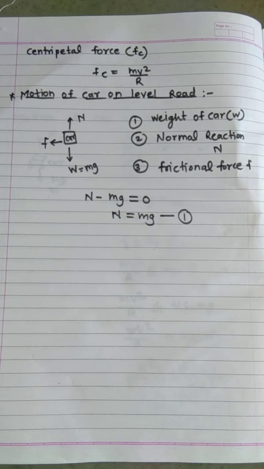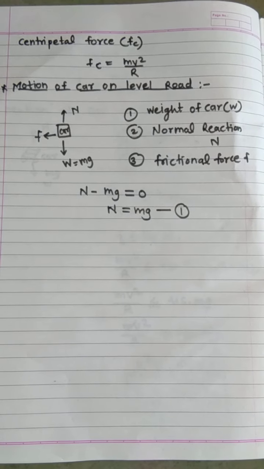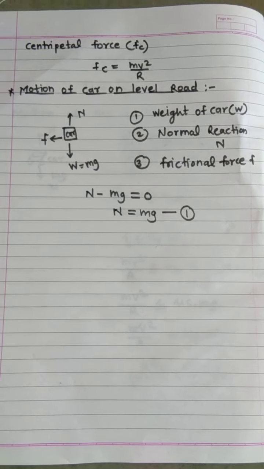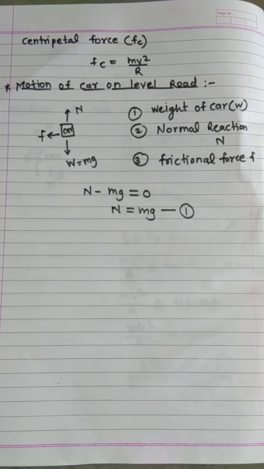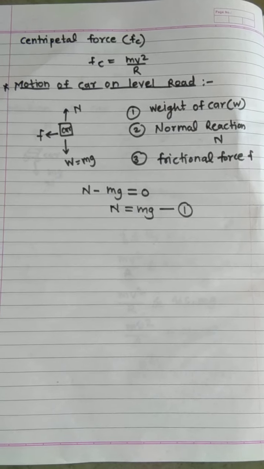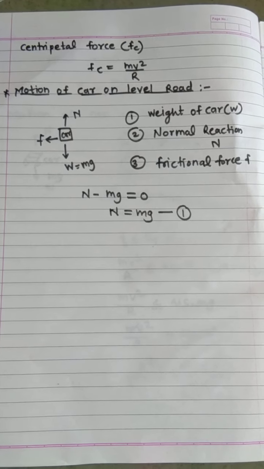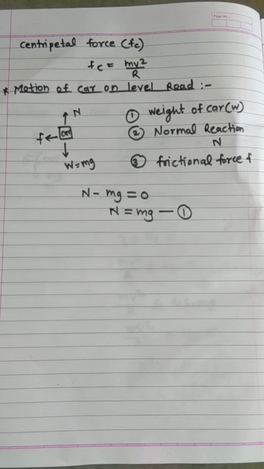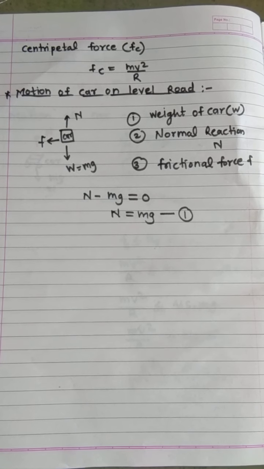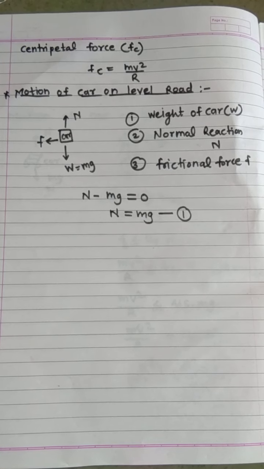Here the static friction provides the centripetal acceleration, and static friction opposes the impending motion of a car moving away from the circle.